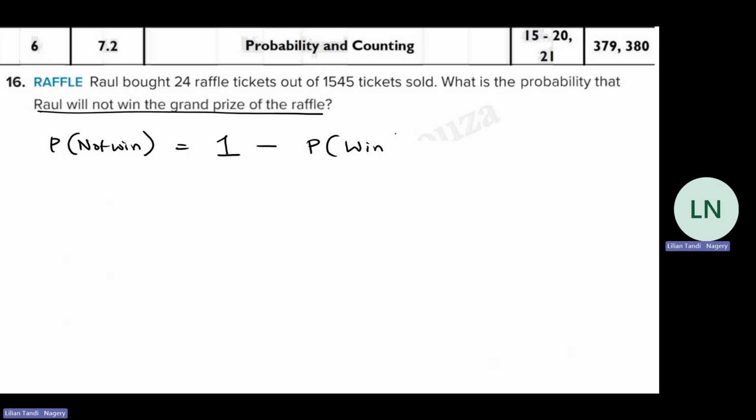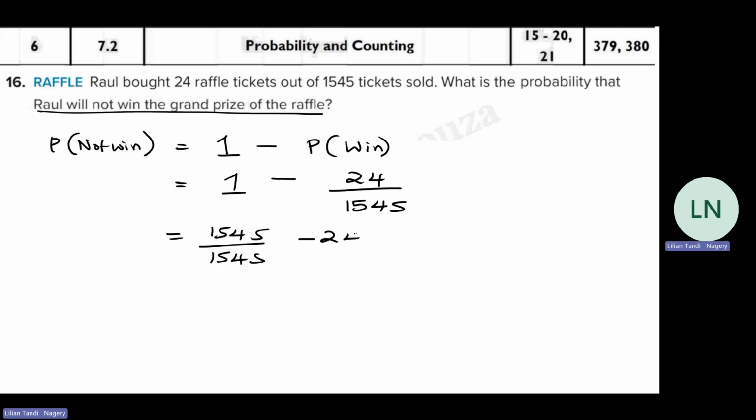That's all right. Just write it like this. Now, how do you get probability of win? How many tickets were there out of the total? So what does this mean? 1545 over 1545 minus 24 over 1545.